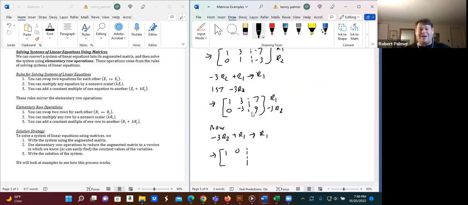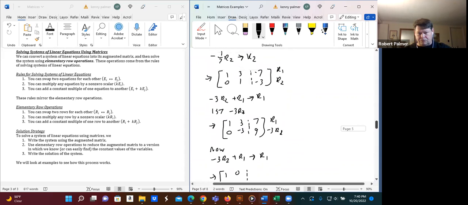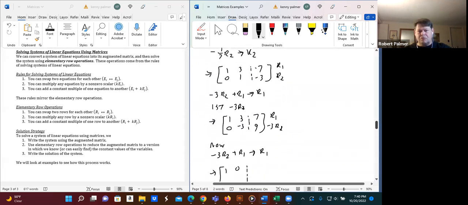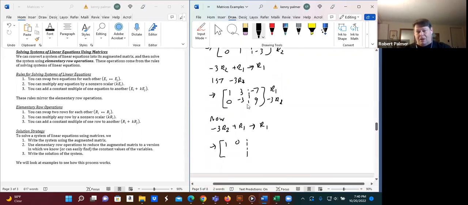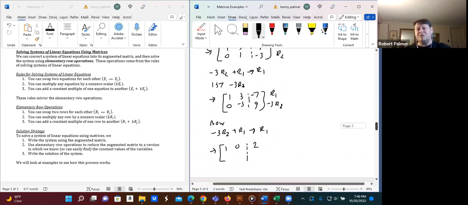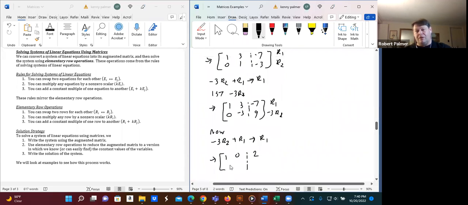And 7 and 9... Oops, sorry. Something looks wrong. This should be a negative right here. Sorry about that. And then 9 and -7 is going to be +2. And then now I'm going to go back to this previous row 2 right here. It was 0, 1, and -3.